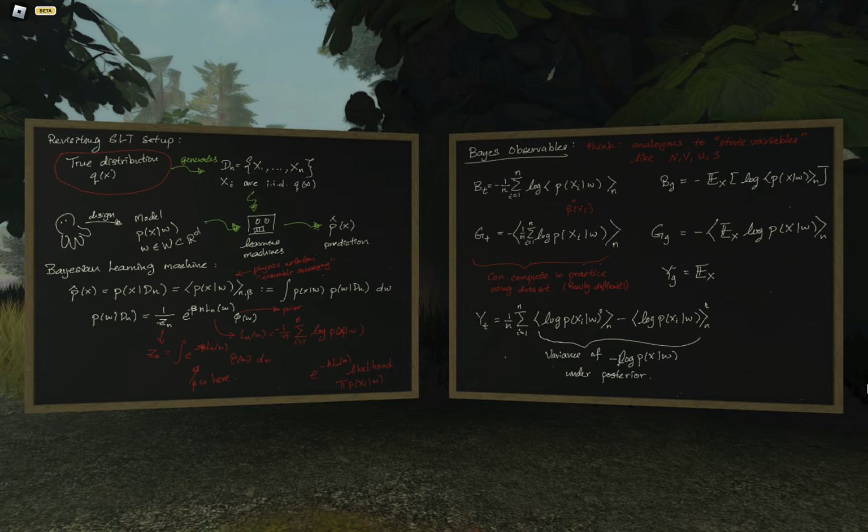So this whole thing is equal to the variance under the posterior of negative log p(x|w). It's just that we average the variance over the data set. And here we do the same thing, except we take the data set average to the theoretical average. Again, the negative doesn't matter.